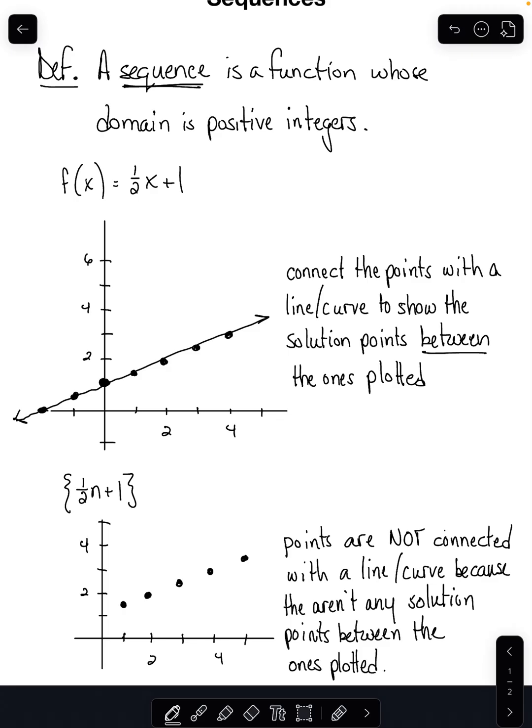And that is the fundamental difference between a sequence and a continuous function.